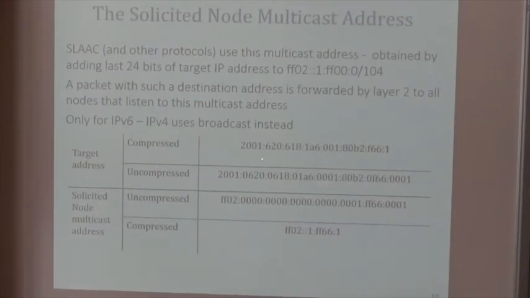So here is, for example, our target IP address. This is how we write it normally, in compressed form. If I uncompress it, I add all the necessary zeros. I focus on the end. The end corresponds to the 24 last bits. That means the 6 remaining hexadecimal digits. Here I've padded all the zeros to make it truly uncompressed.